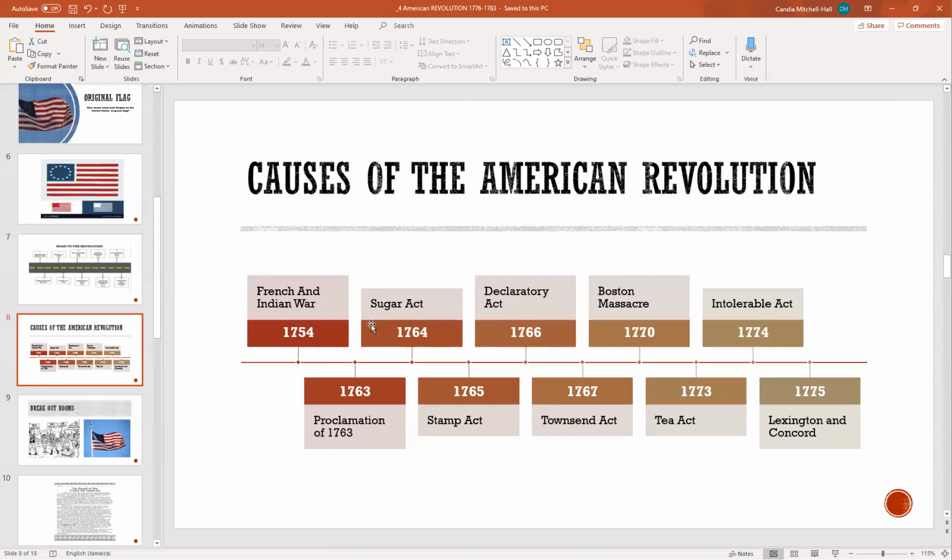And because they are upset, they are going to say, listen, we need to be independent from them. We don't need to be controlled, because everything that they are doing is not in our best interest. They're going to put on the Sugar Duties Act, the Stamp Duties Act, the Thousand Act, the Tea Act, the Intolerable Act, all of these acts.